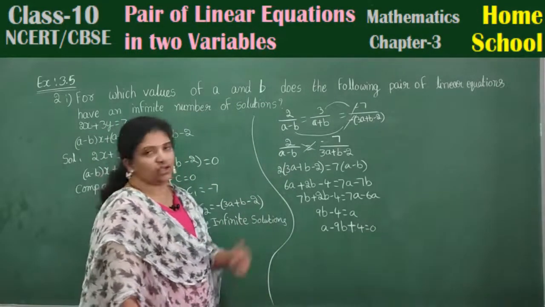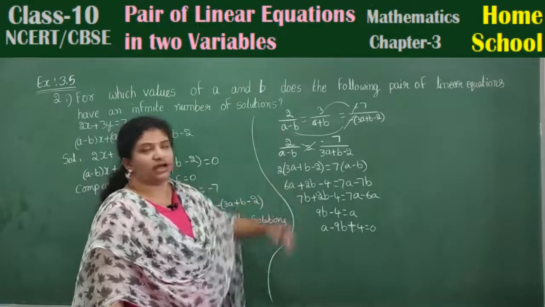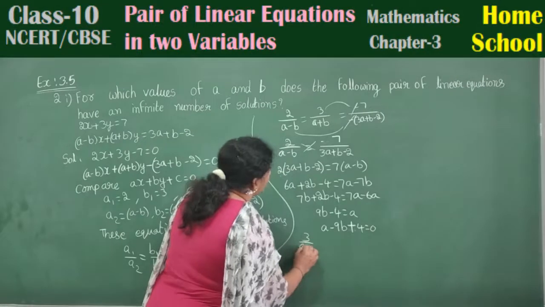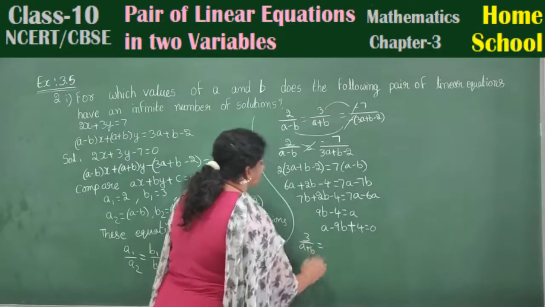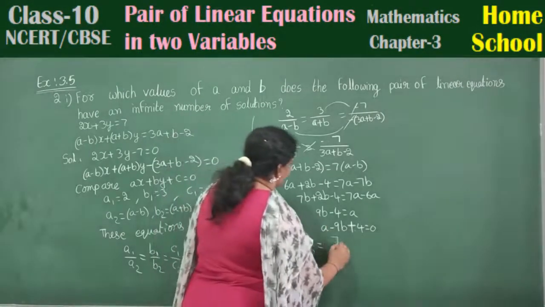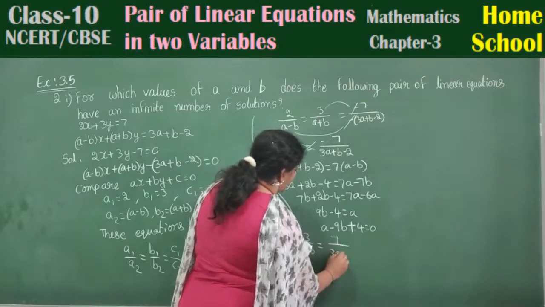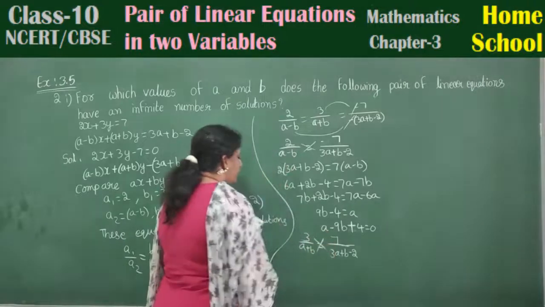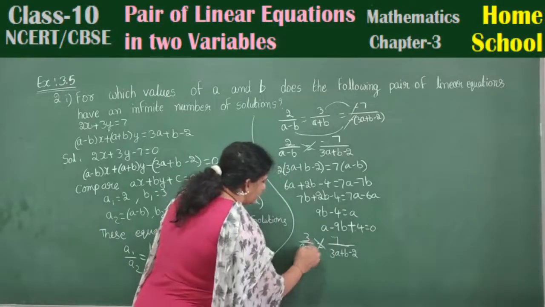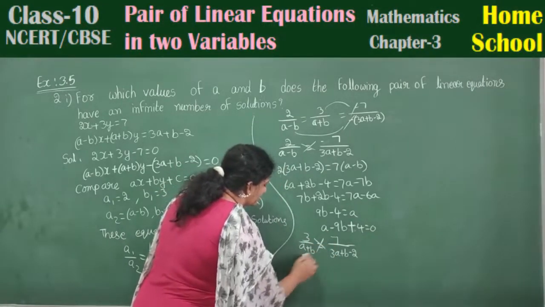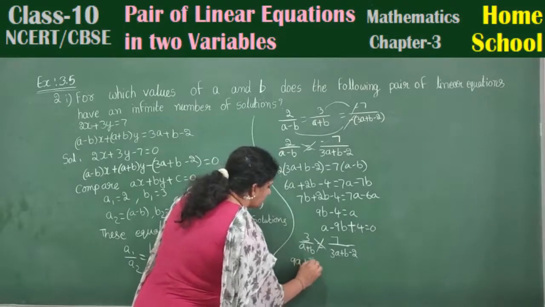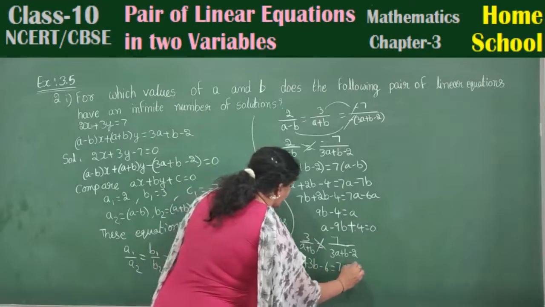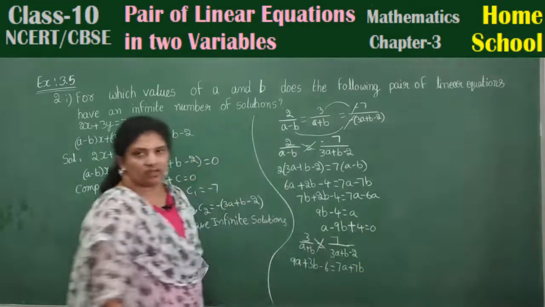Right? Another equation. If you compare another two, what is that? 3 by a plus b is equal to 7 by 3a plus b minus 2. If you compare, cross multiply, 3 into 3a, 3 3s are 9a plus 3b minus 6 is equal to 7a plus 7b.